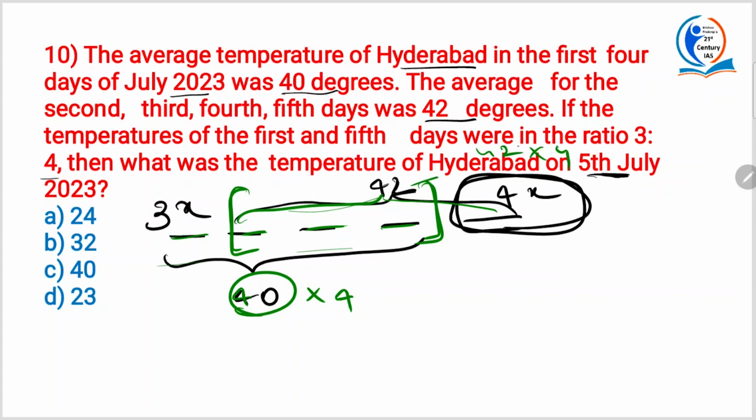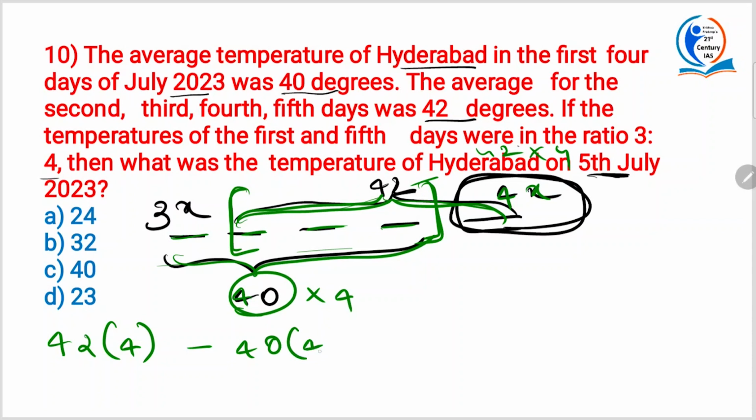So if you're subtracting these two, you will be left with the difference between 5th day and 1st day. So 42 into 4 minus 40 into 4. See this part and you're removing this part. Anyways these second day, third day, fourth day will get cancelled.